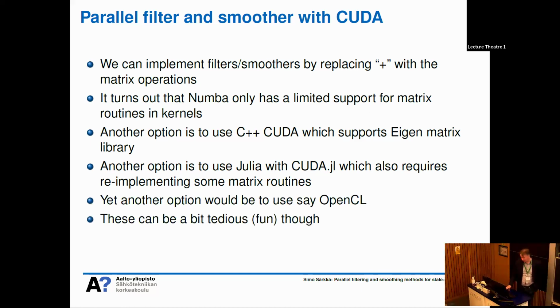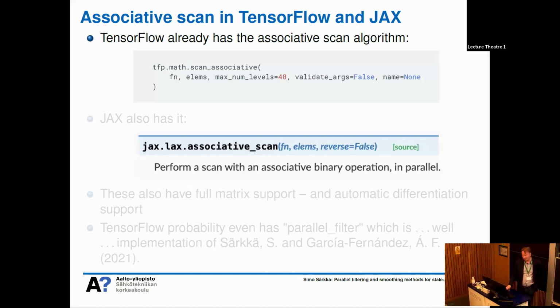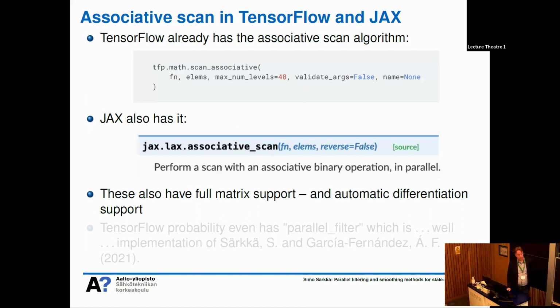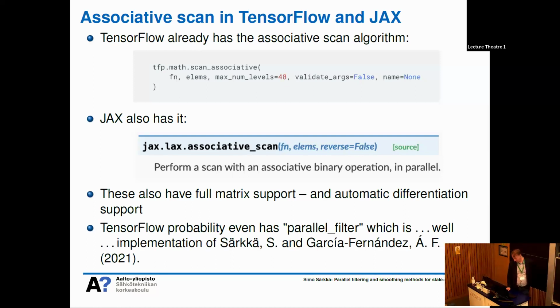But another option is that TensorFlow has associative scans already, and we actually have been using this. So we just define a function which implements those matrix operations, and then you call this. And JAX has it as well. And then we also get automatic differentiation support as a plus here.